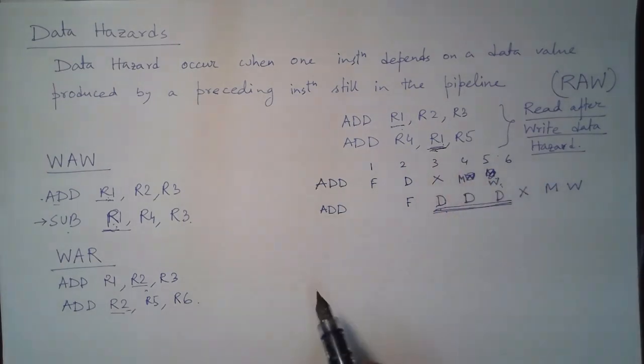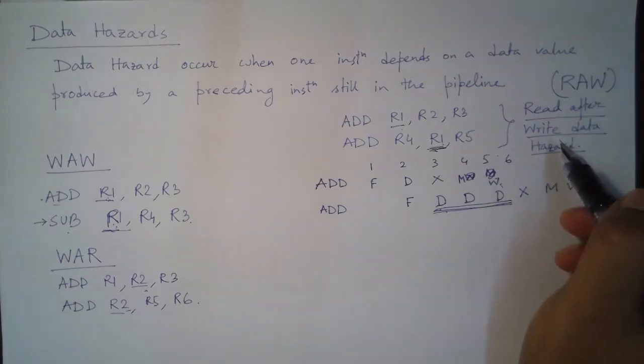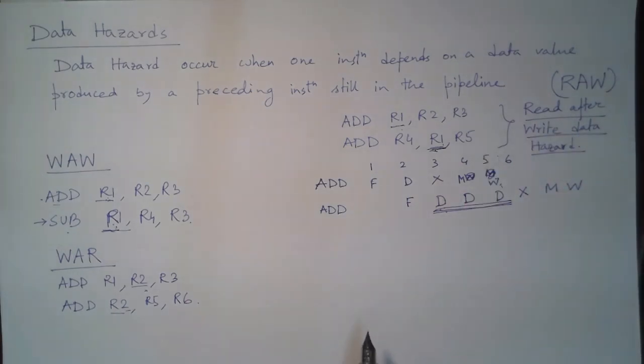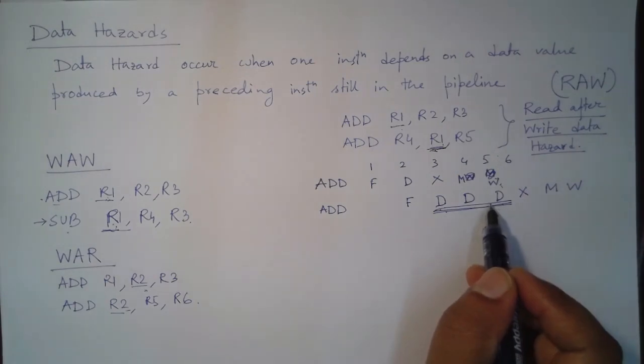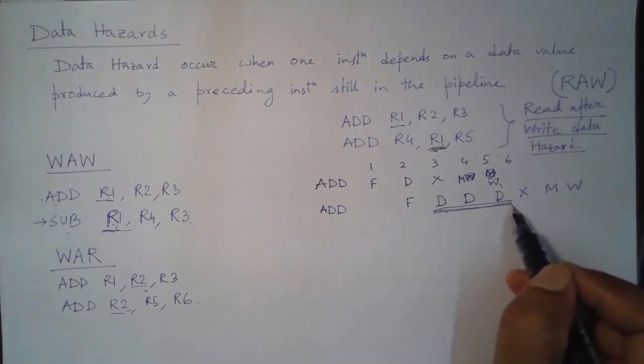Similarly, there can be some other hazards. This hazard is also called a direct data dependence, and that's why this is a hazard which we cannot avoid. We have to deal with this hazard, and one of the ways to deal with it is that you wait for the data to be available.